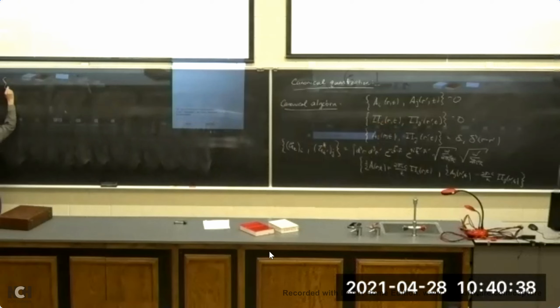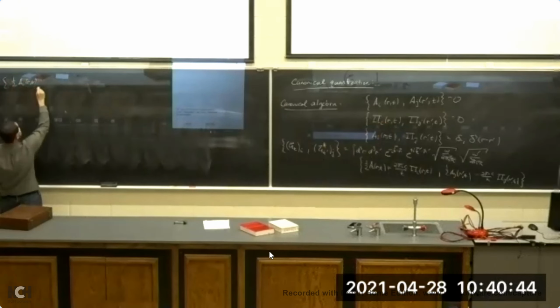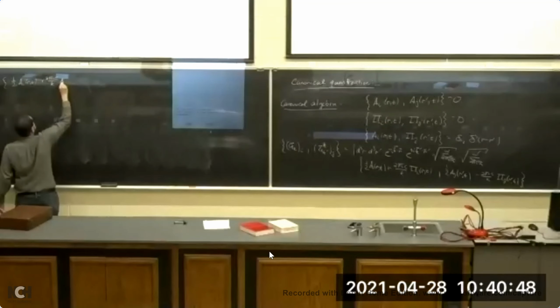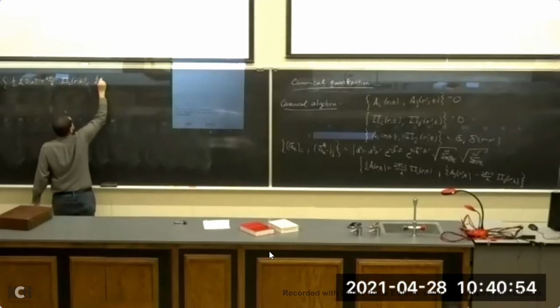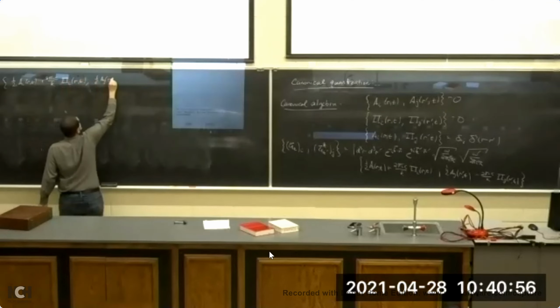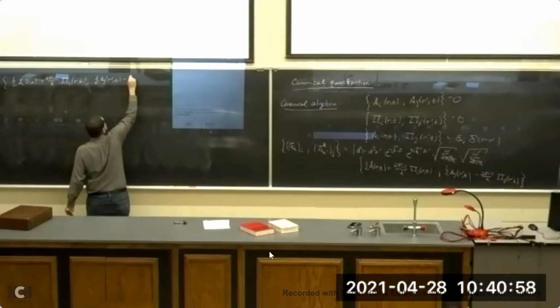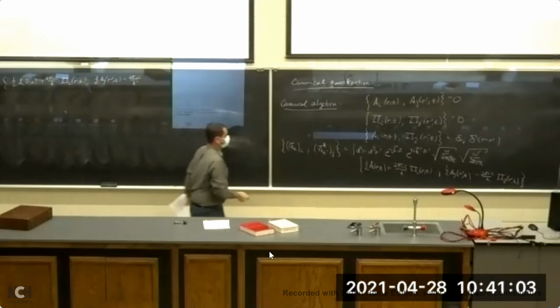So that Poisson bracket, 1/2 A_i of r and t plus 2 pi_i c divided by k, pi sub i of r and t, with 1/2 A_j of r prime and t minus 2 pi_i c over k prime. Sorry, I guess this should have been k prime.